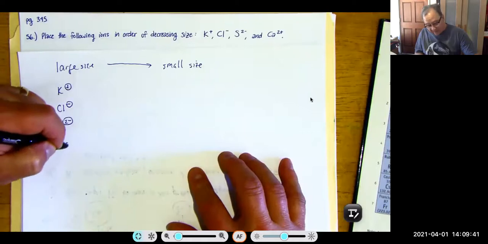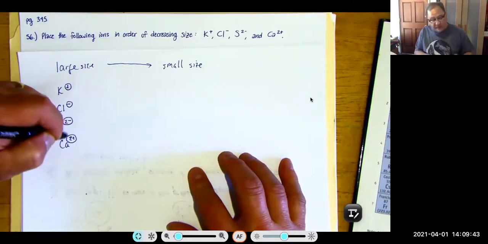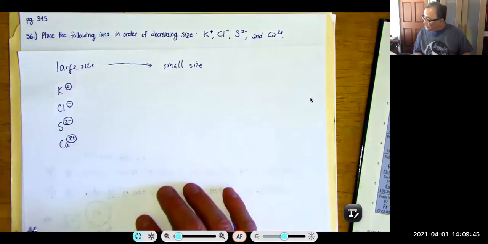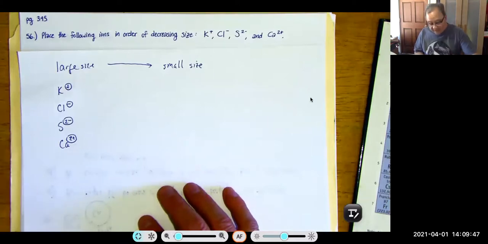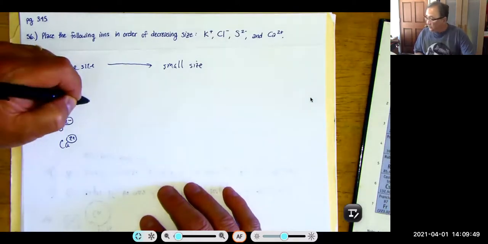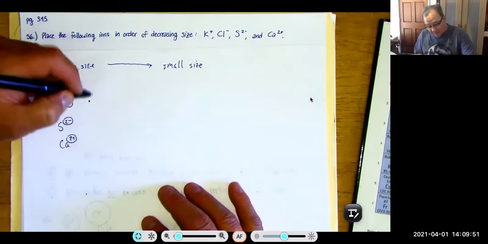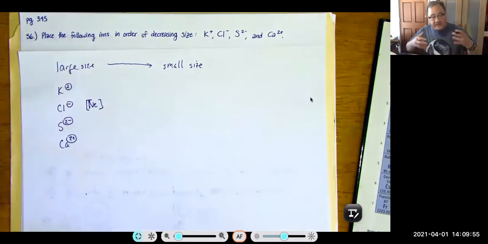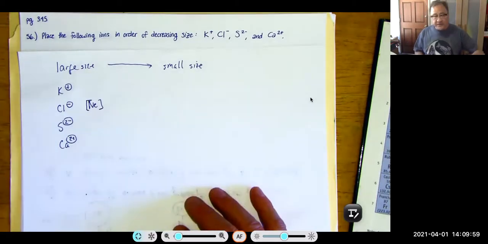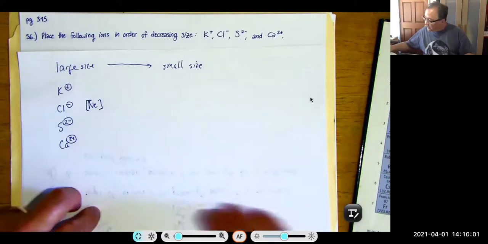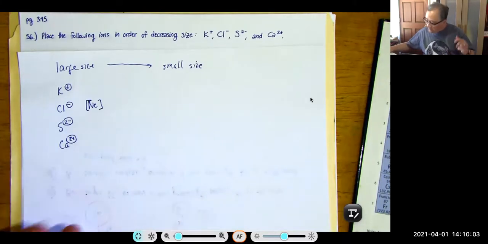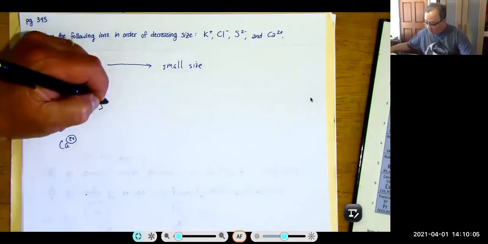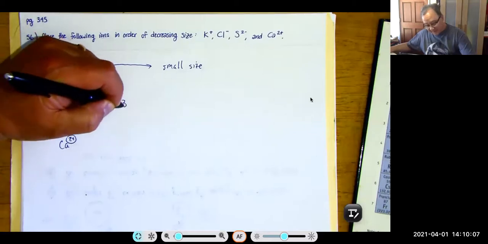Now, if we look at the electron configurations of these, if we look at chloride, it's going to be the same as argon, so the noble gas in that period. So I'm going to put neon, because when we use the noble gas / SPDF notation, you always start with the noble gas preceding. So if this is going to look like argon, we're going to say neon 3s2 3p6.